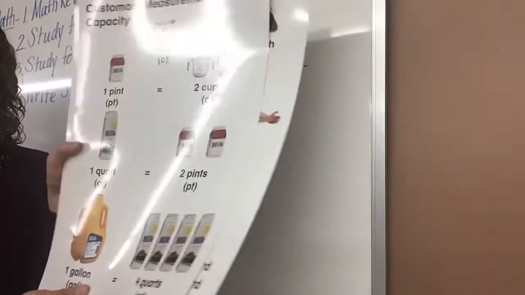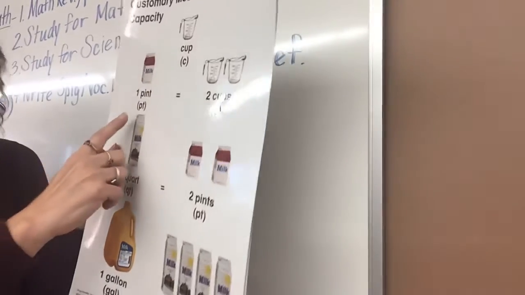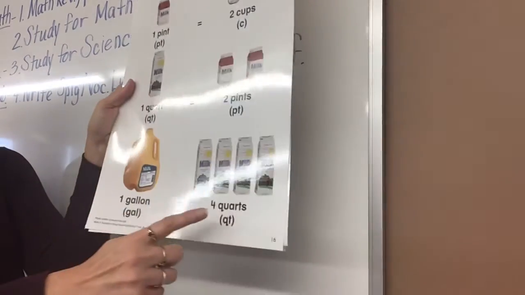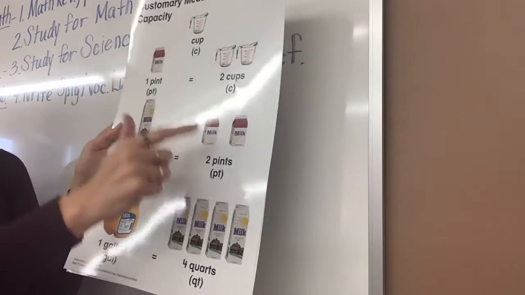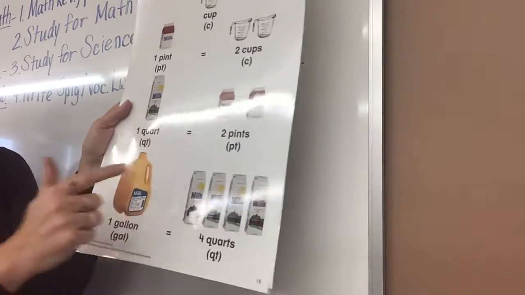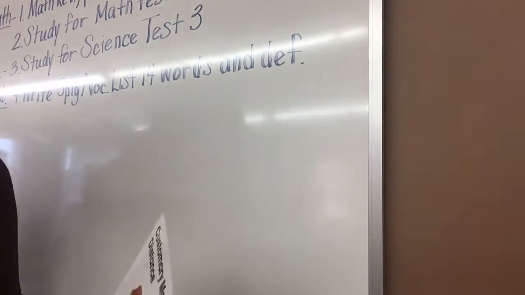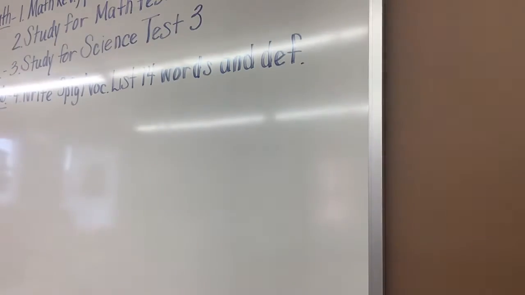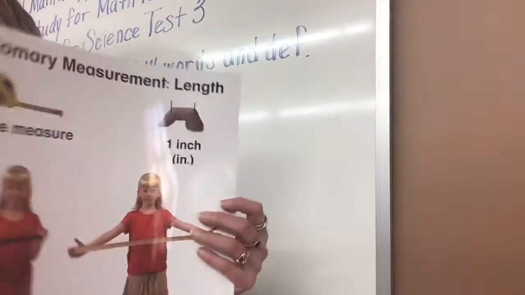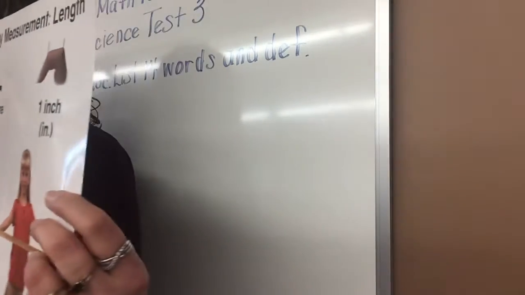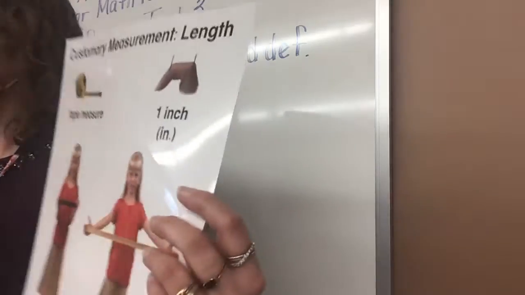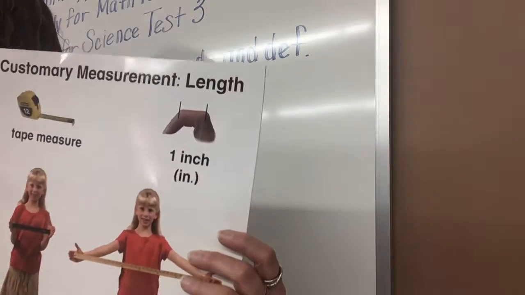A faster way to say that is 2 cups in a pint, 2 pints in a quart, 4 quarts in a gallon. Today we will be learning measurements of length. Now, when you use measurements of length, sometimes you are measuring length, which is how long something is.